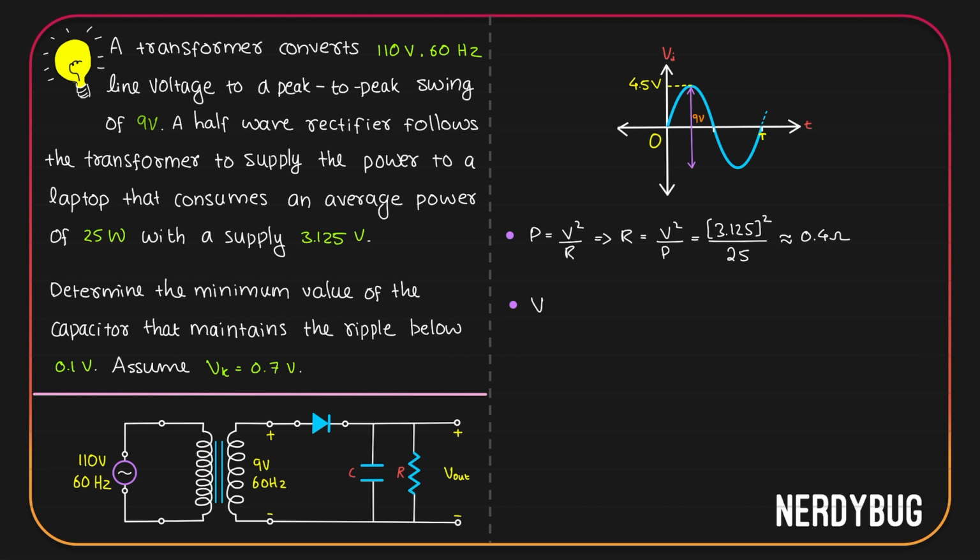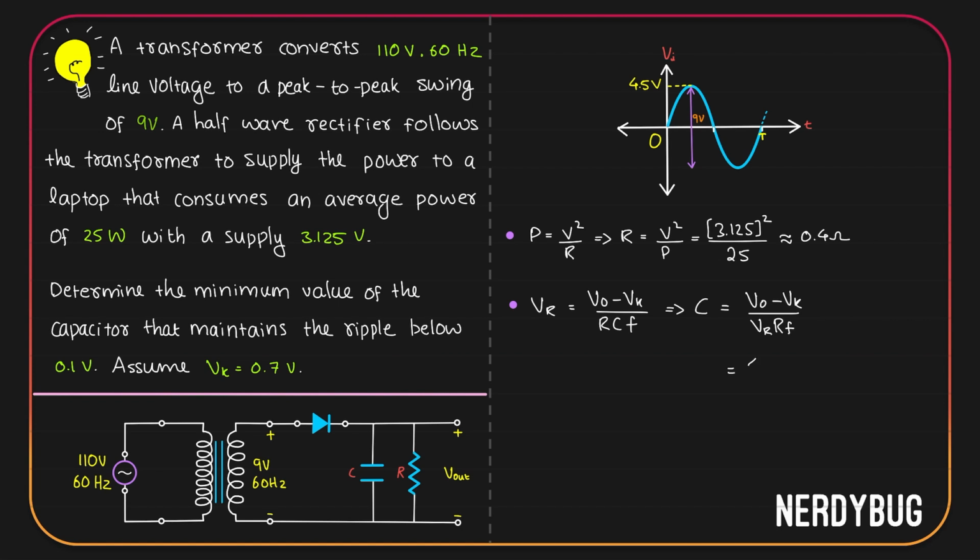Now, let's write the expression for the ripple voltage. VR is (V0 minus Vk) divided by RCf. We need to design the half-wave rectifier such that the ripple voltage is below 0.1 volt. So let us assume the extreme case where the ripple voltage is equal to 0.1 volt. We have to find out the value of C. C will be (V0 minus Vk) divided by VR Rf.